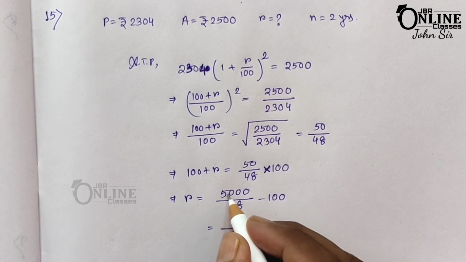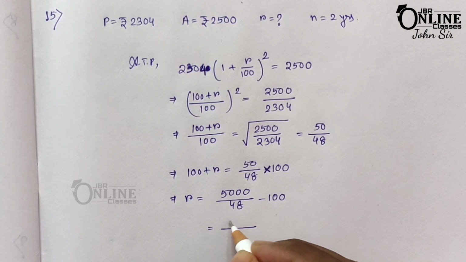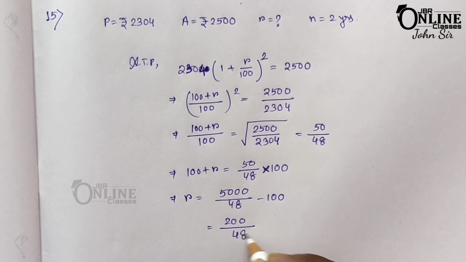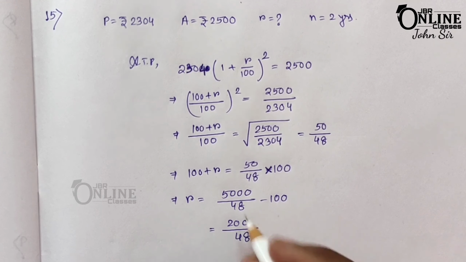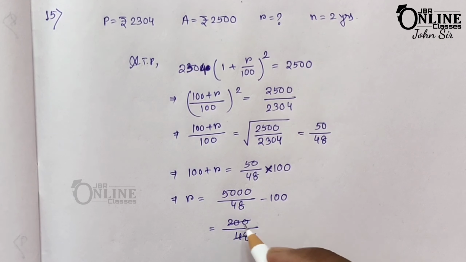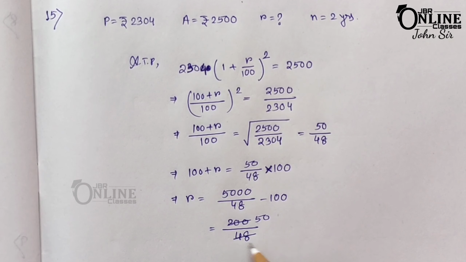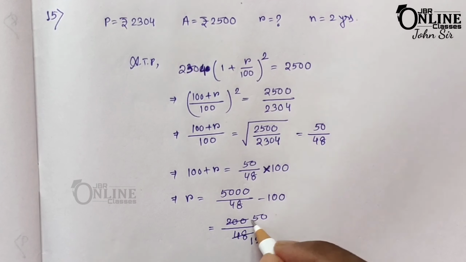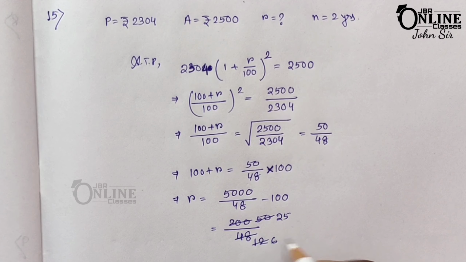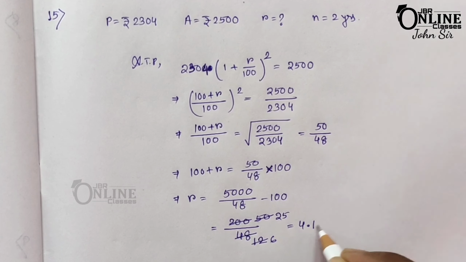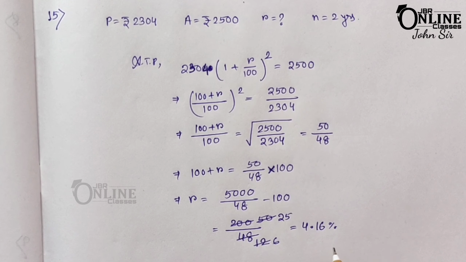So it becomes 5000 minus 4800, which equals 200. So 200 by 48. After cancelling by 4, it becomes 50 by 12, then again 25 by 6, which equals 4.16. So r equals 4.16 percent or 4 whole 1 by 6 percent.